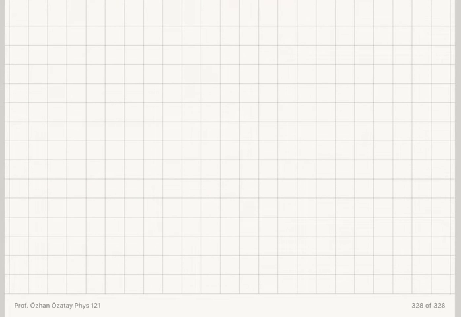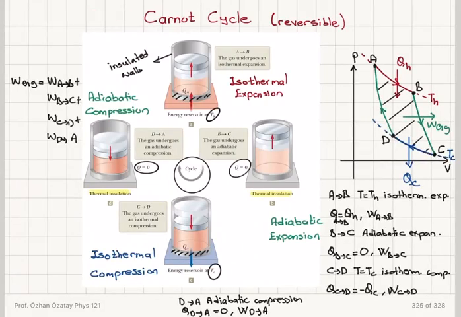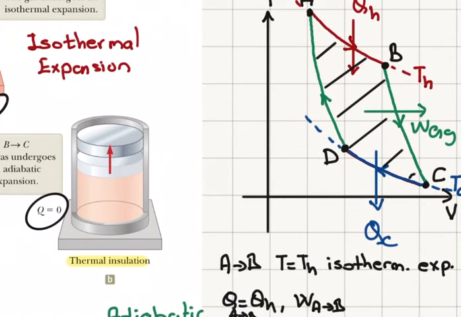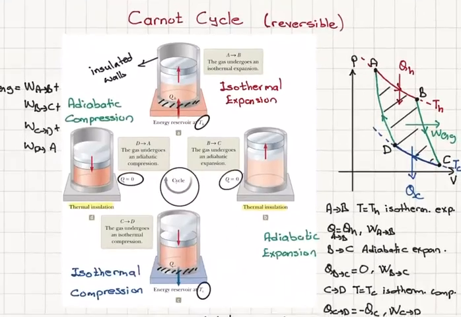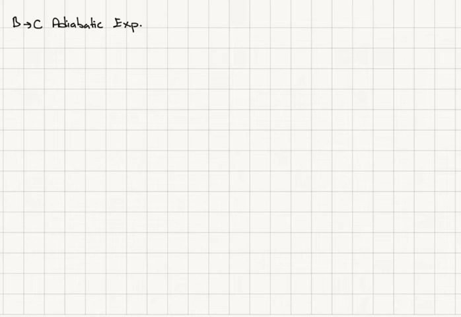Alright, so I concentrate on the process from B to C. So B to C, remember, is adiabatic expansion. Let me remind you here, that's B to C, we have the adiabatic expansion. The temperature is changing from Th to Tc. And in this case, we have adiabatic process, so Q heat added is 0.